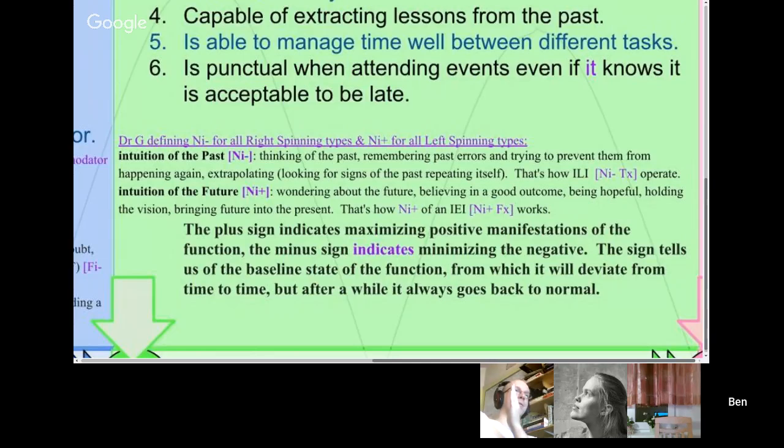So again, minimizing things going wrong. So the minus really is about minimizing the negative rather than accentuating the positive. I suppose another example of that would be TE minus, which is about cutting out risk, whereas TE plus is about maximizing profits. So this is why ENTJ is more entrepreneurial and ESTJ is more conservative in business.